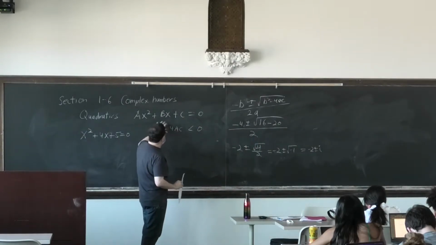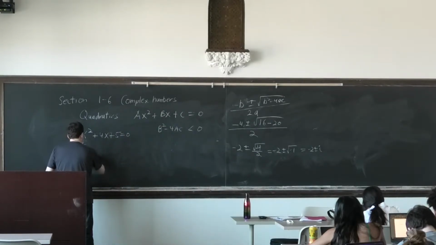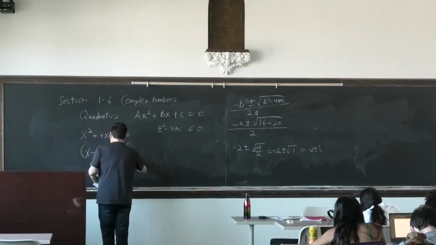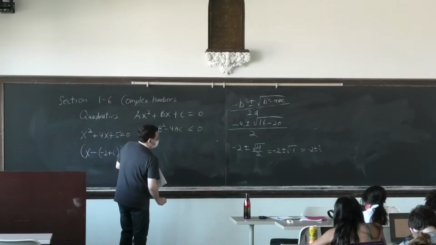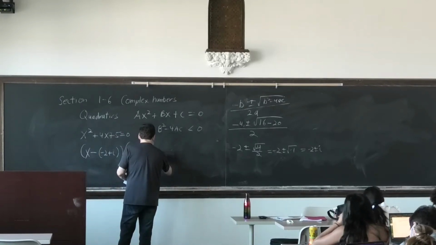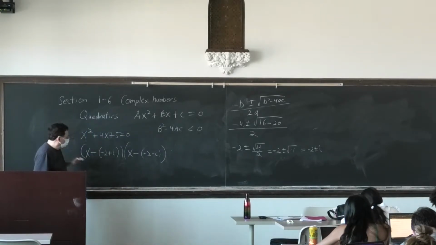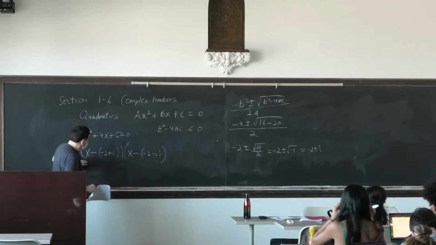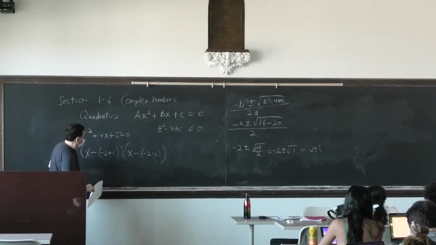That is to say, if we wanted to factor this equation, we could factor it as x minus negative 2 plus i, times x minus negative 2 minus i. If you wish, you can sit there and multiply this out. You will find you come back to the original equation.